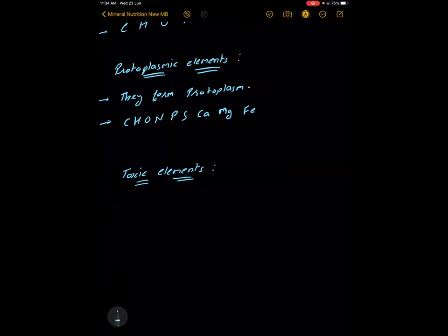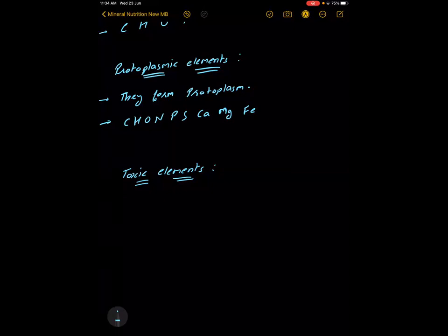Dry weight means the weight of tissue without water. After removing the water, the organic and inorganic material in the plant is called dry weight.